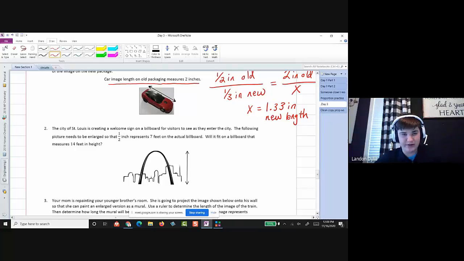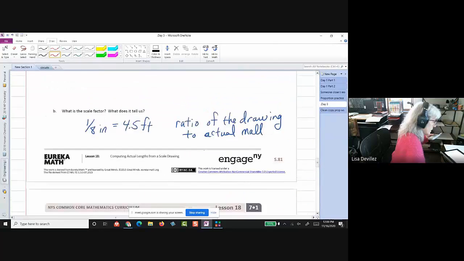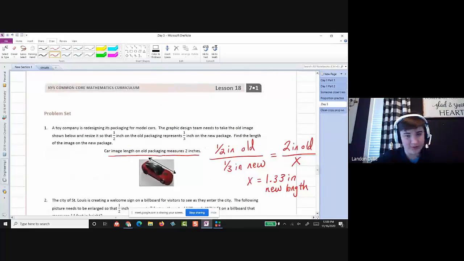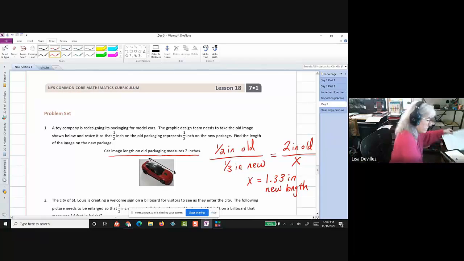So 1.5 to 7 to 14. Can you scroll back up real quick to see how you did the first one on the numbers part? The mall one or the car? The car one. Okay, there. Okay, I figured that out now. I just need to go back.